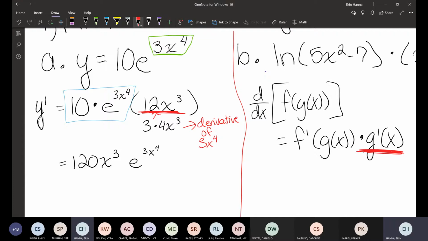What were your F and G? Okay, for G I have e to the 3x to the 4th. For the second F, 0. Okay, so you took 10 times e to the 3x to the 4th? Right. That's perfectly fine. You can totally do that.